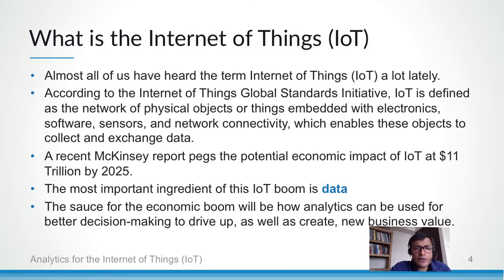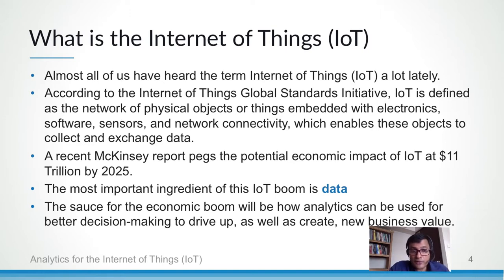So let's quickly go through what Internet of Things is, and then we'll talk about what this course has and the kind of content I'm going to cover. Everybody has heard of Internet of Things, and according to the IoT Global Standards Initiative, it is defined as the network of physical objects or things embedded with electronics, software, sensors, and network connectivity, which enables these objects to collect and exchange data.